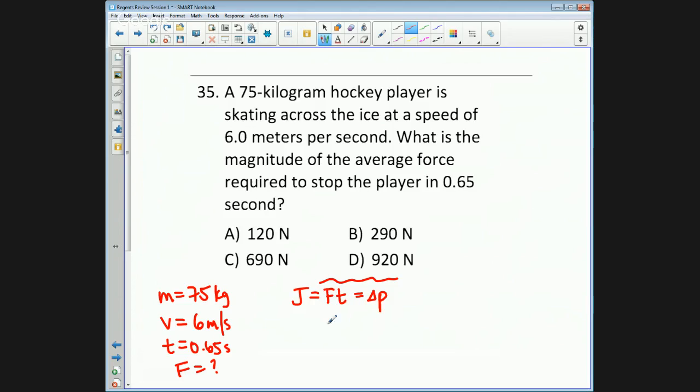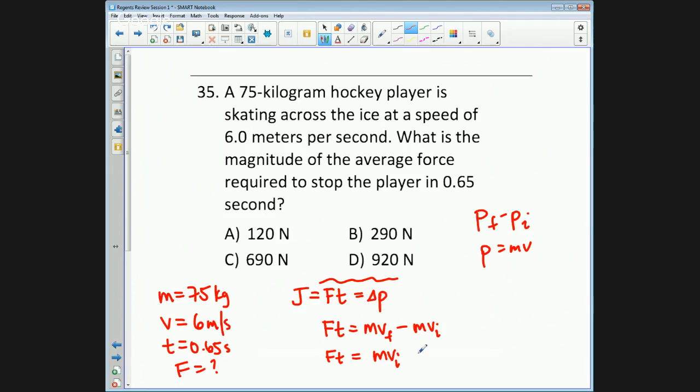So we have force times time equals delta P. Delta P is P final minus P initial, and P equals mass times velocity. So the initial velocity is 6 meters per second. The final velocity is 0 because we want to stop the object. So it's force times time equals mass times the initial speed. This is the formula that we're going to be solving.